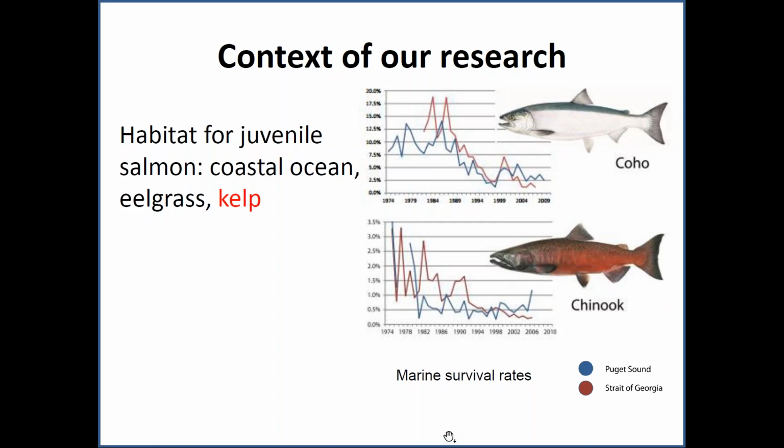And as part of this collaborative research, we are focusing on the productivity of the coastal ocean, on eelgrass, spatial and temporal variability of eelgrass along our coast, and the kelp part. So I'll be focusing on the kelp part for this talk with you. Next slide, please.